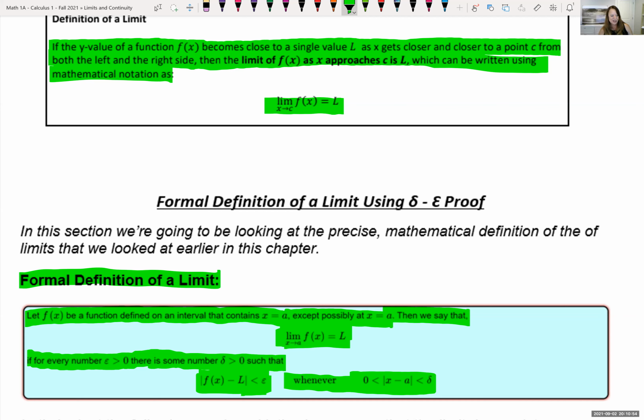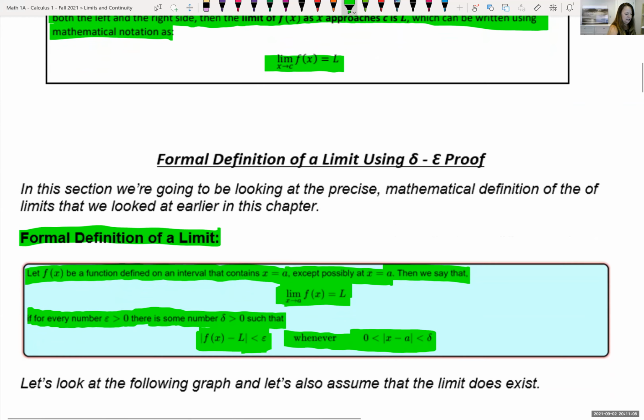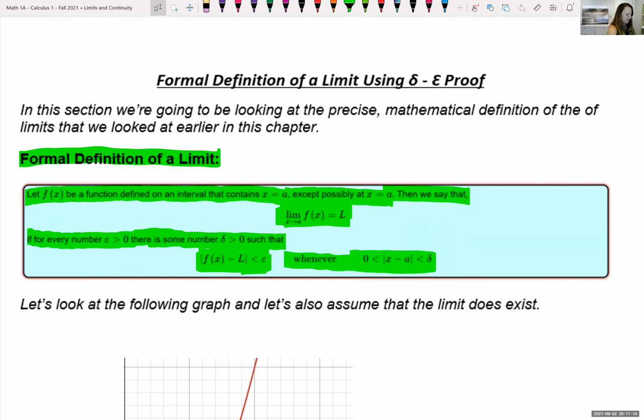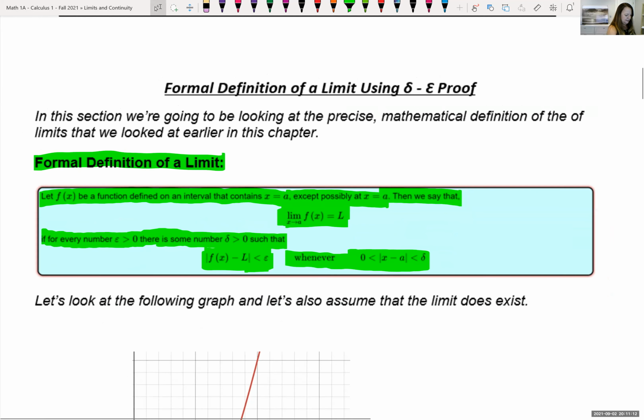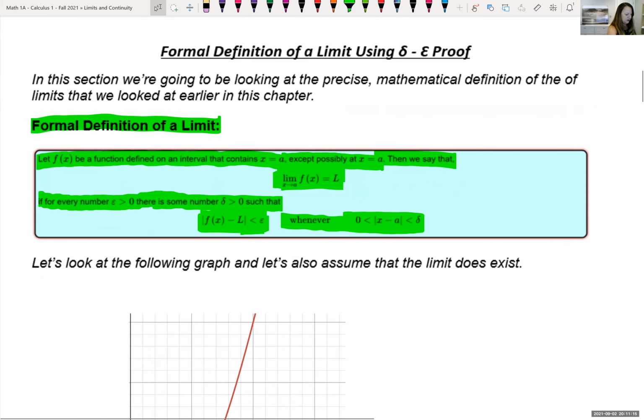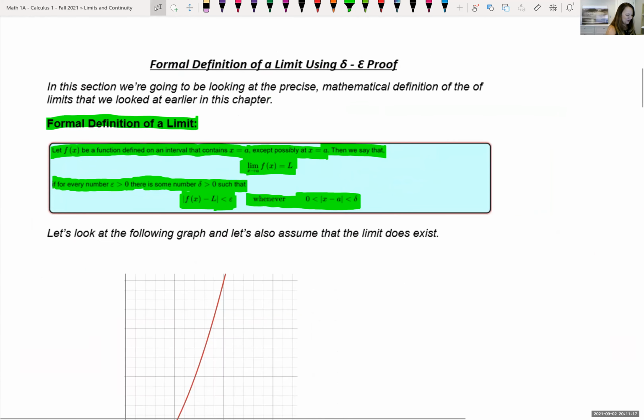Okay, so that's a lot of words there, and let's just break down what it means. Let's look at this graphically for a second. I have a picture in front of us of some arbitrary graph.